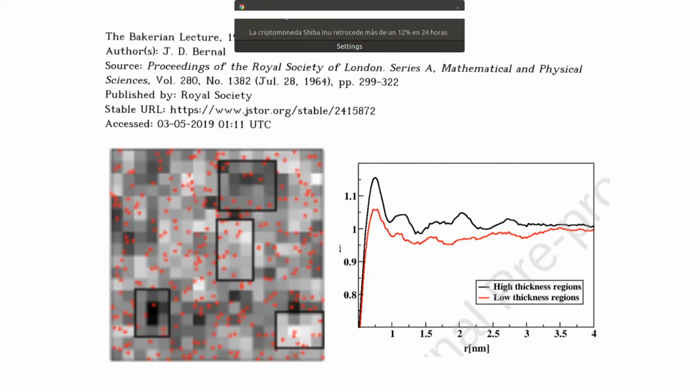The same thing happens in this case. Here the red points are the esterols. You see these lines that give rise to the radial distribution function, these sort of filaments of esterol. But this is the average position over, I think, 30 nanoseconds. Also, this is the width of the membrane, and you see there are regions that are different: high thickness regions and low thickness regions.